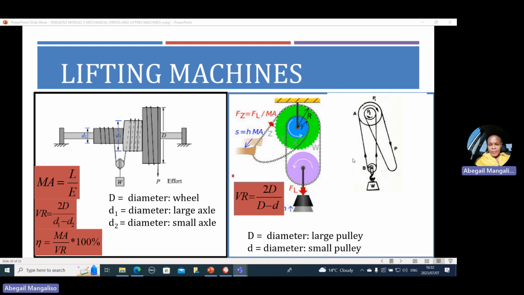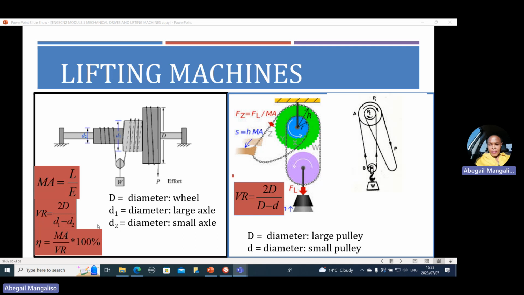Mechanical advantage is load over effort, just like the formula on this side. Velocity ratio is a different formula from this one. So when you are given a question, you carefully read the statement and use the correct formula. If a question is based on the Western pulley block or differential pulley block, this should be the velocity ratio.